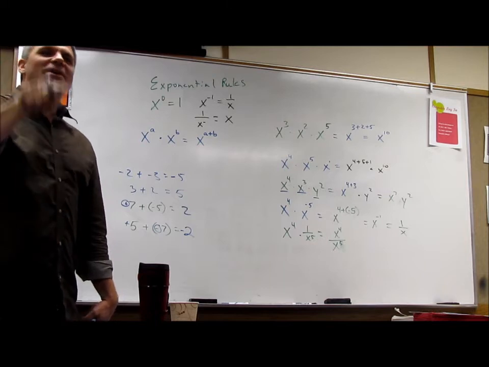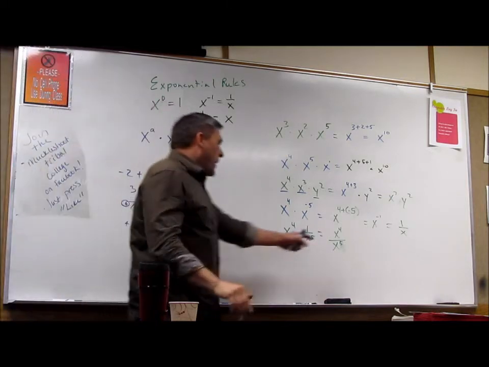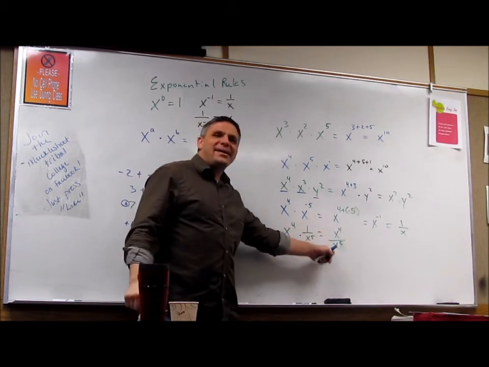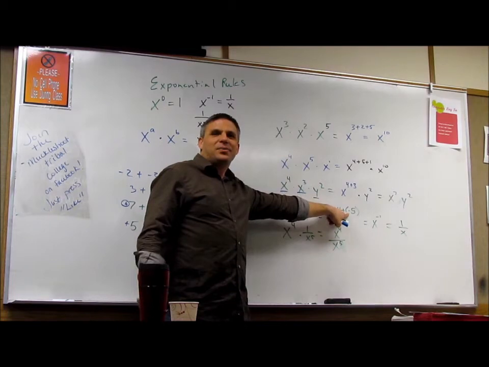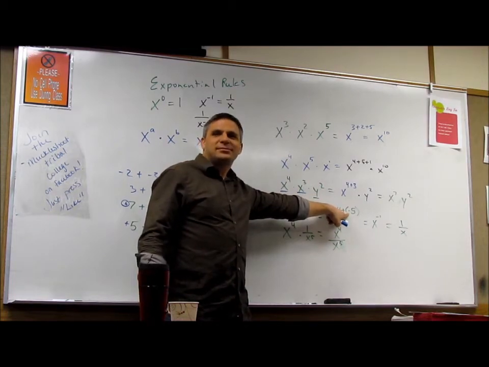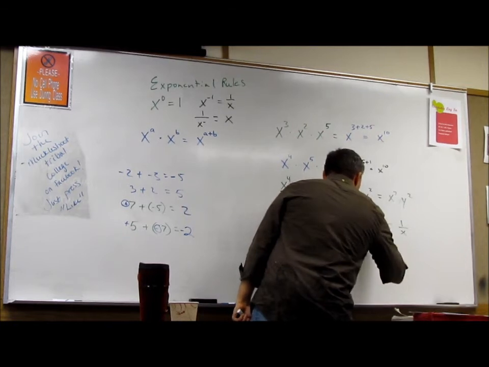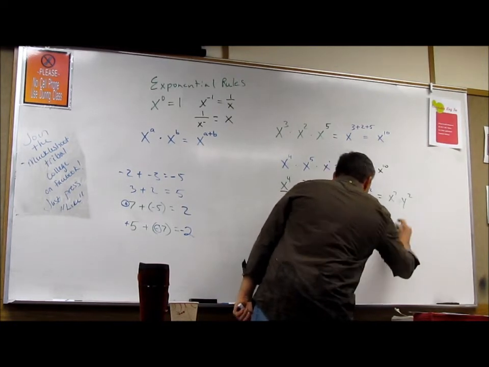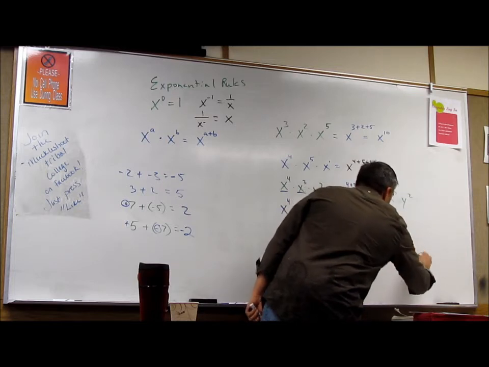And when you divide powers with the same base, we do what? We subtract. So it equals x to the 4 minus 5, which equals x to the minus 1, which equals 1 over x.